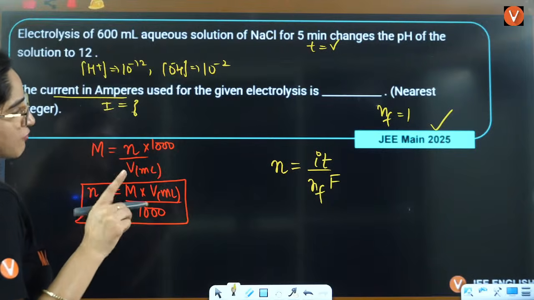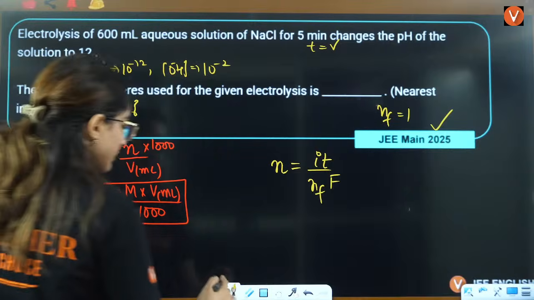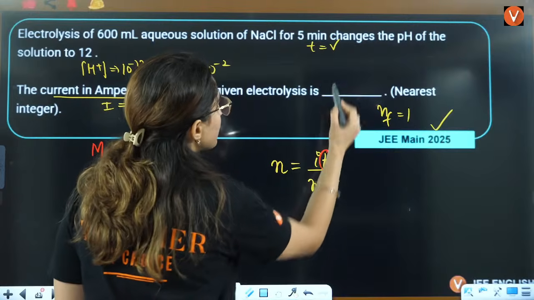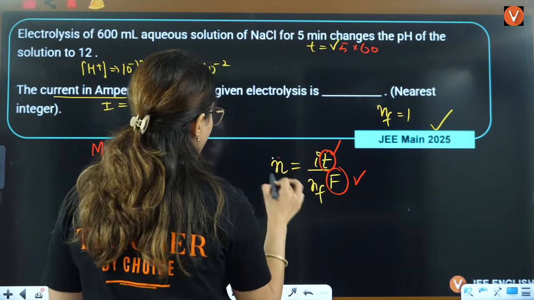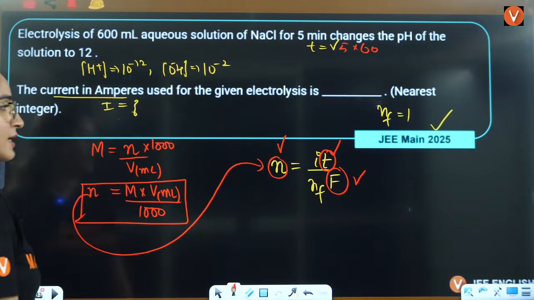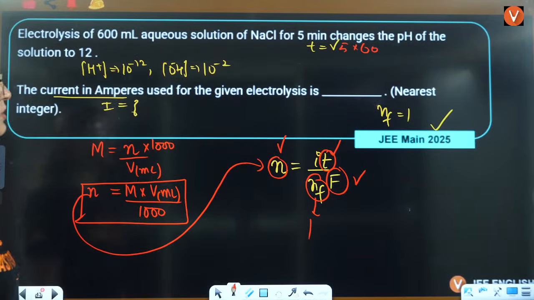With N factor 1, you should calculate the current. Time, 5 minutes, is given to you, converted into seconds, so 5 into 60. Faraday is given to you, and the number of moles you will calculate from here and put it here. This we'll also take as 1, because N wait a minute.